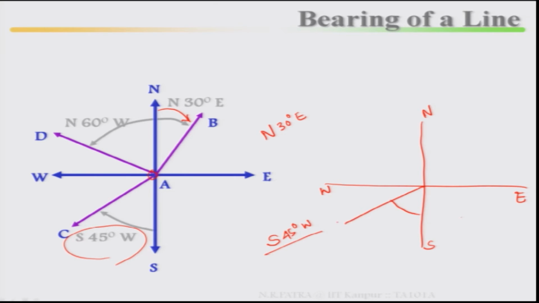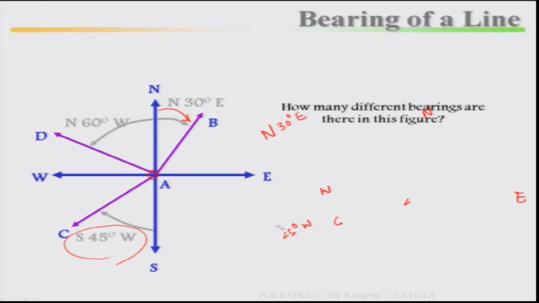So the line will be covering this. That means from south towards your west is 45 degree. That will be your A and this is your C. So this will be your south 45 degree west.